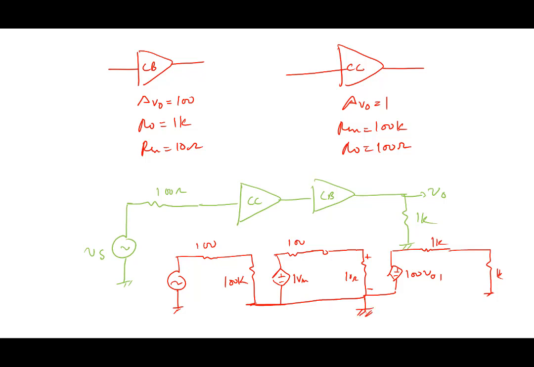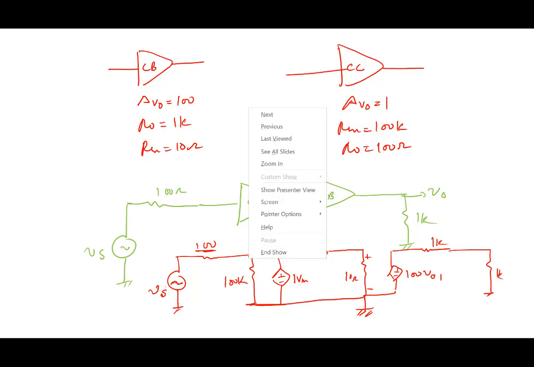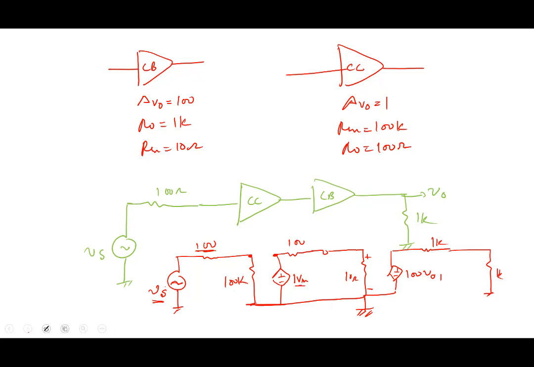Now if you notice something here, the signal starts here, Vs. And because this is 100 ohms and this is 100K, almost the same signal appears here, Vs. So the signal here is also Vs. Now this is 100 ohms and this is still 10 ohms.